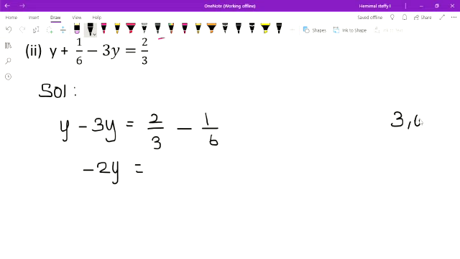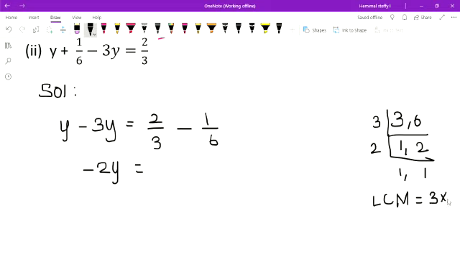First I am taking the 3 table: 3 ones are 3, 3 twos are 6. Then the 6 table: 6 ones are 6. The LCM is 3 twos are 6. So LCM is equal to 6.